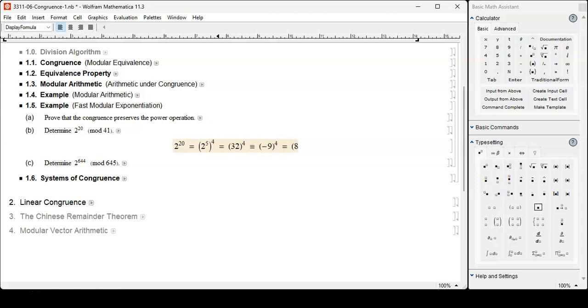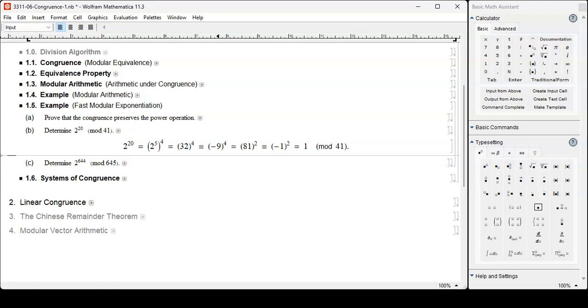So this is positive 81 squared. And 81 is congruent to negative 1 modulo 41, so this is 1. 41 times 2 is 82, so 81 is congruent to negative 1.